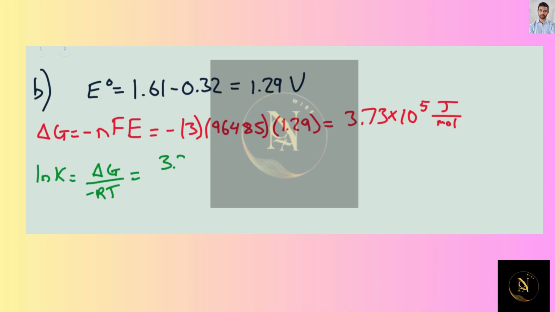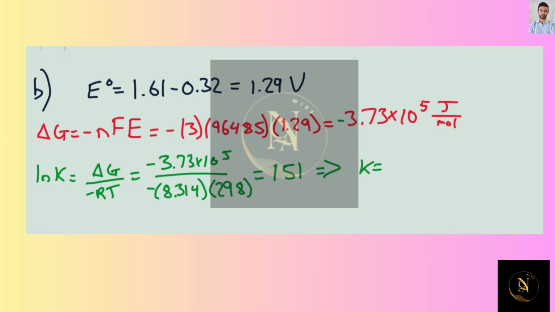We have our delta G, which we just calculated, 3.73 times 10 to the 5th, 8.314 for our gas constant and 298 for our temperature, and that gives a value of 151, which we can take the inverse ln, or the e, to get K is equal to 3.79 times 10 to the 65th power.